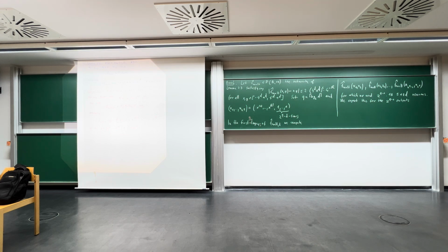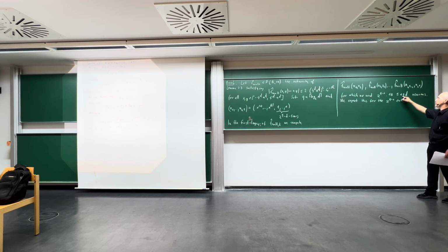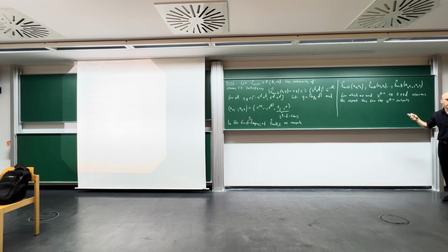Take the third output together with the fourth output, and multiply it, and so on. Again, this time I need 2 to the q minus 2 times 18, so this will be 9 times d, but it's less than 18 times d neurons and R layers.